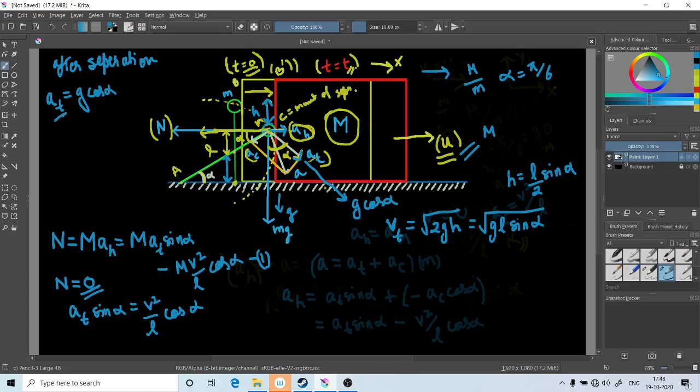our tangential acceleration after separation, and this equation 2, and the velocity of the body at the same moment, the velocity u of the body at the moment of separation, is u equal to v sine alpha. Let's see this.